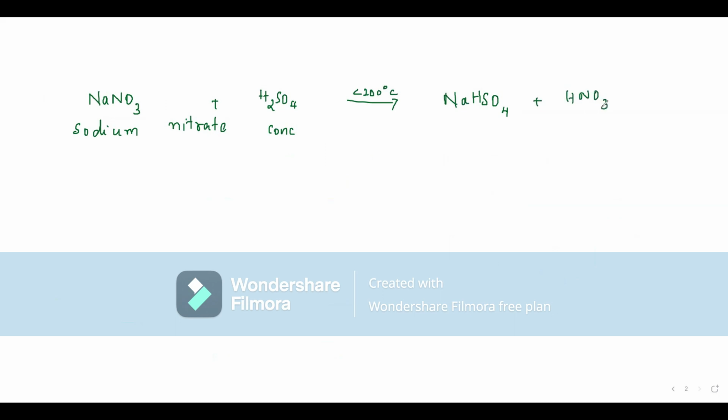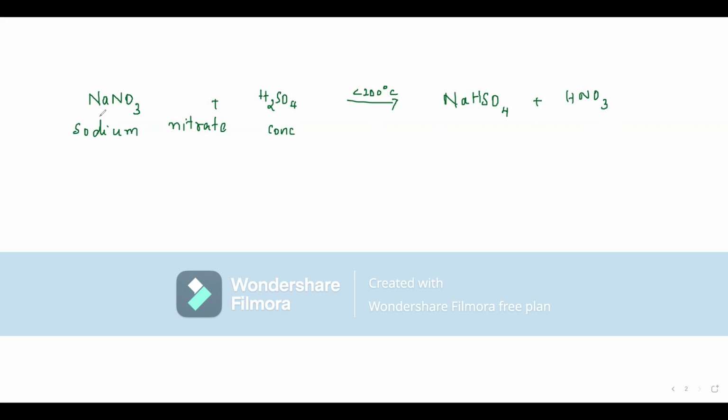Here also we are getting nitric acid vapor, which we condense by collecting it in a water-cooled receiver. So ultimately we collect it as liquid HNO3.